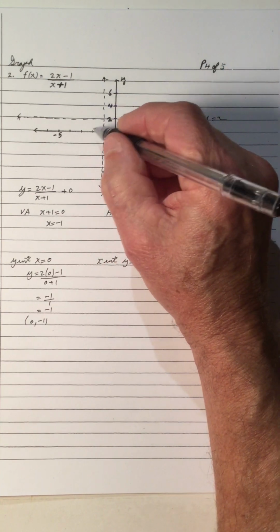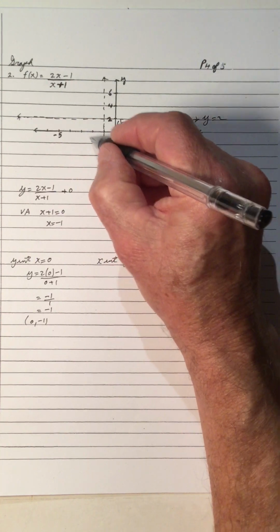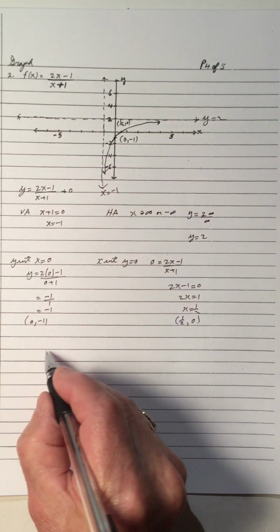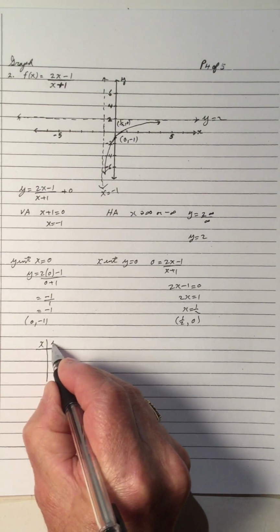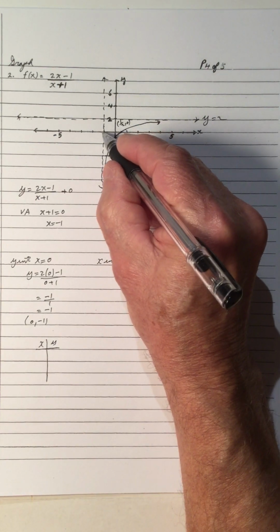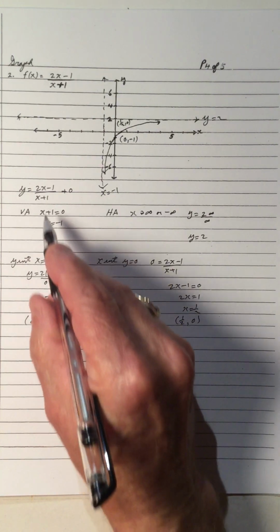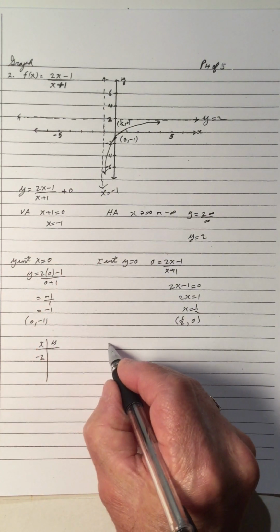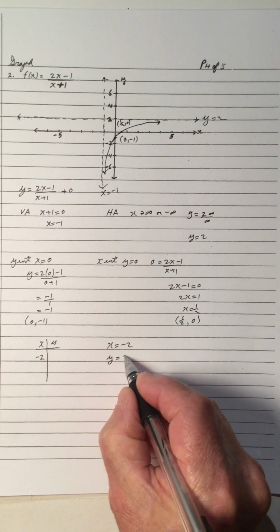Okay, what about on this side? Is it here or is it up here? Is it doing this or is it doing this? So let's check and do a table of values. This is -1, so let's look at -2. Let's put -2 into this equation. So x equals -2, and we're going to use the equation.